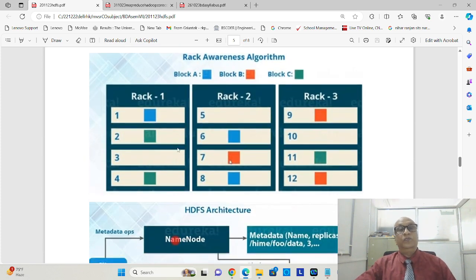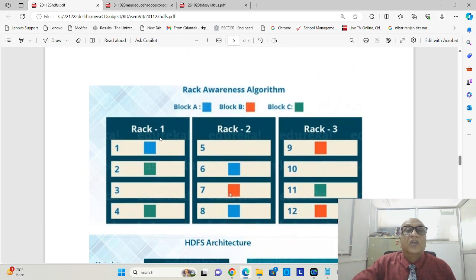Now, if you look at this diagram, what it is saying is your blocks may be stored on different data nodes, and these different data nodes may be residing in different racks. The Hadoop ecosystem uses something called a rack awareness algorithm to keep track of the blocks, to store the blocks.